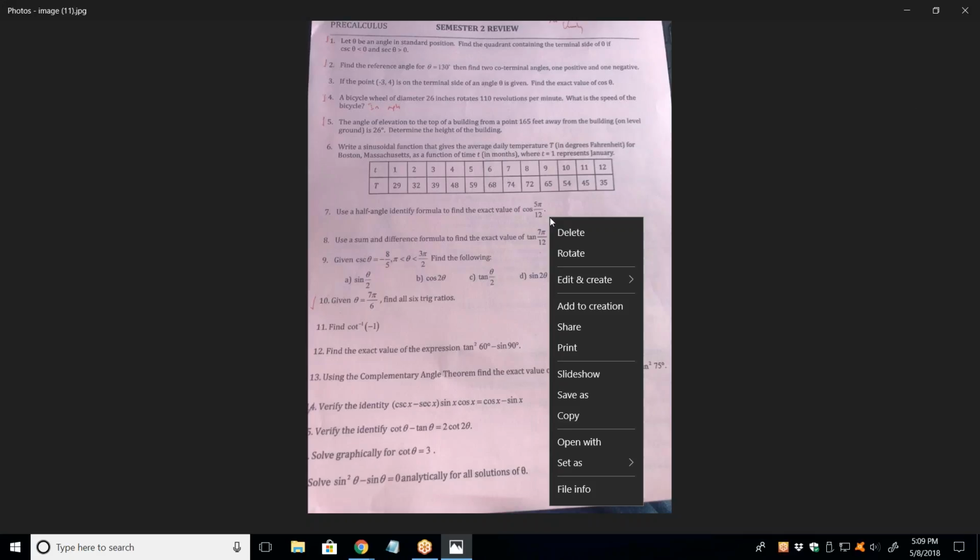See if I can. It's pretty bizarre. If you use the snipping tool, you might drag it from one corner to the other. Kind of edit it. That might work too.